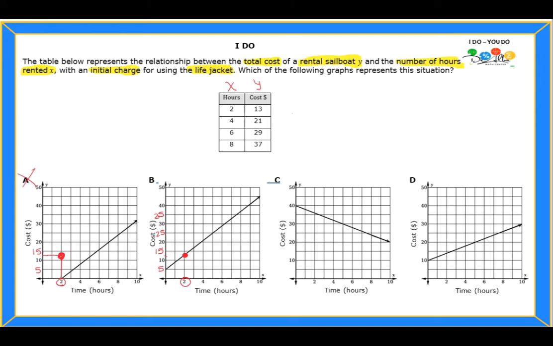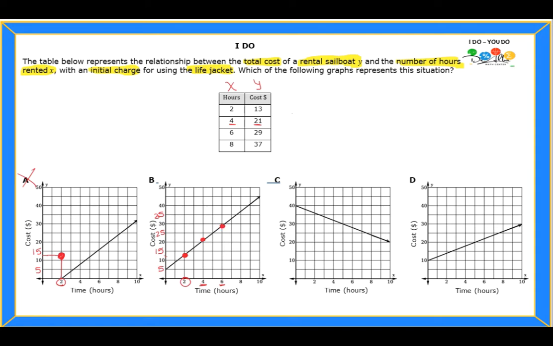Let's go to 4 and 21. So now I'm gonna go to 4 on X, 21 on Y. So this is 4 right here, and that's 20. 21 is just a little bit above that. So it kind of looks there, right? What about the next point? 6 goes with 29. 29 is just below 30.